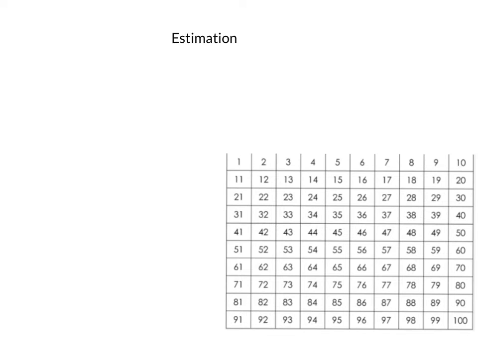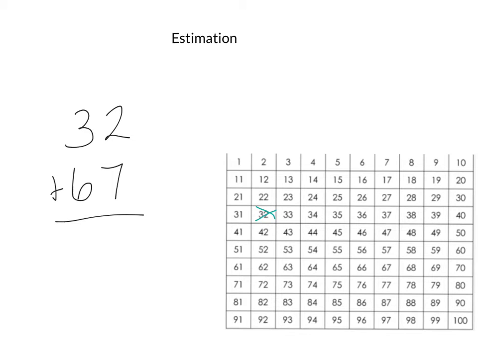Estimation is a problem. Let's say I have 32 plus 67, and I want to round and estimate these numbers. So on my hundreds chart, I'm going to find 32. It's right here.